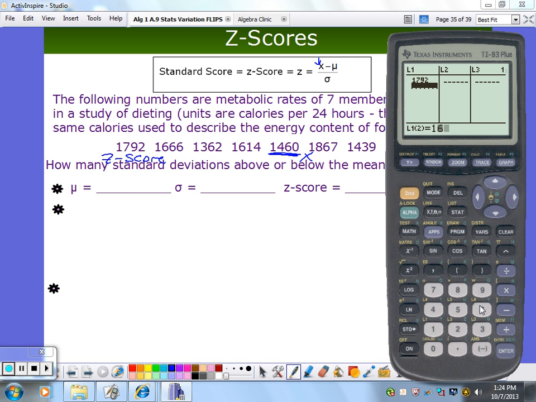1792. 1614. 1460. I'm just putting in the numbers; once they're in, check them.